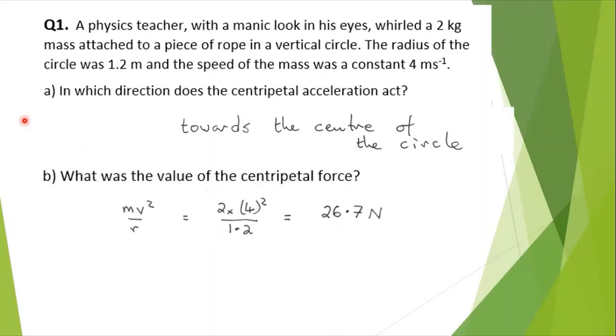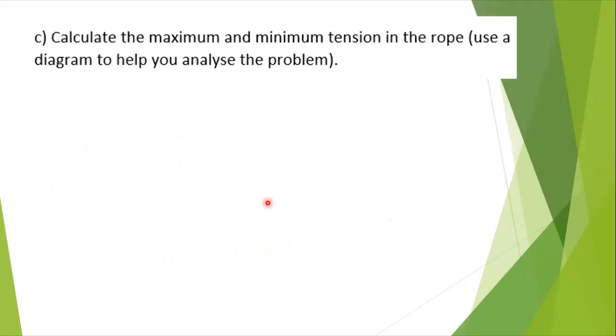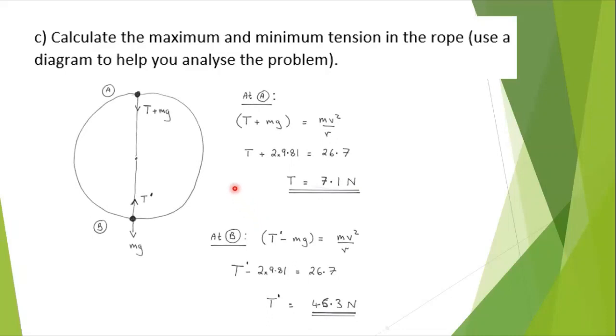F equals mv squared over r. Mass is 2 kilograms, v squared over the radius, and that gives us about 26.7 newtons. We're asked to calculate the maximum and minimum tension in the rope and to use a diagram to help us analyze this situation. So at A, we've got the centripetal force towards the center.